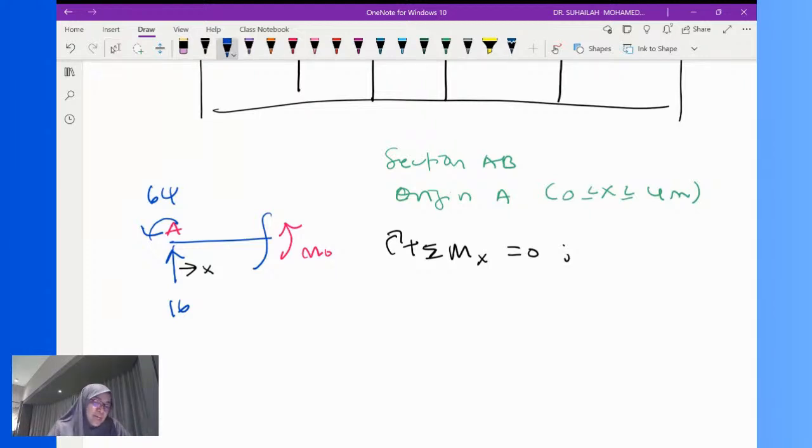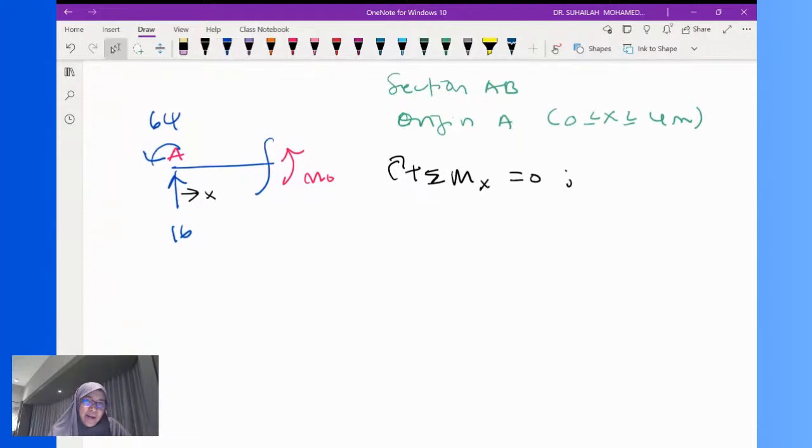From this, we will write the moment equation M naught. Please write like this. Look at the diagram. M naught is in counterclockwise direction, opposite with the sign convention that we put for MX. So it is negative M naught. We plus 16 times X, the distance from A to the cutting point is X, and we minus 64.